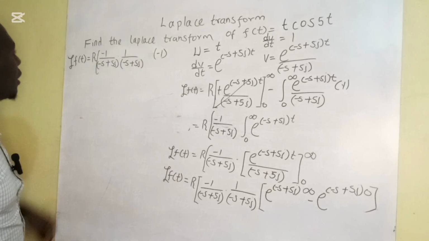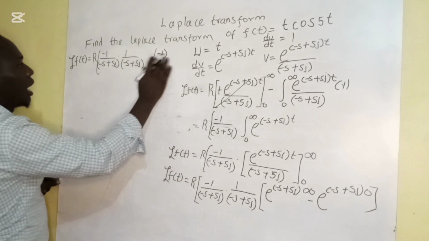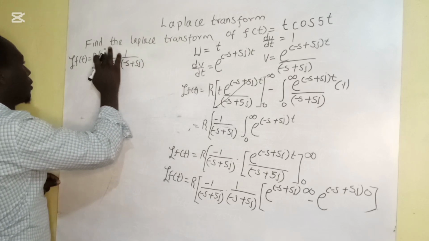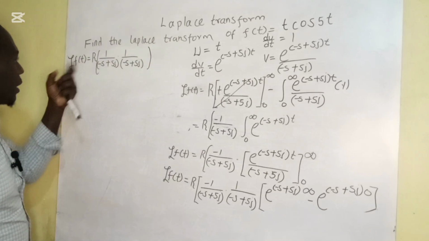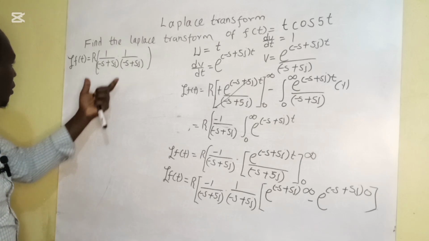A negative multiplied by a negative, we are going to have a positive to the numerator. The negatives are going to cancel out.